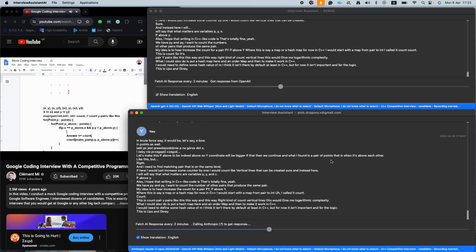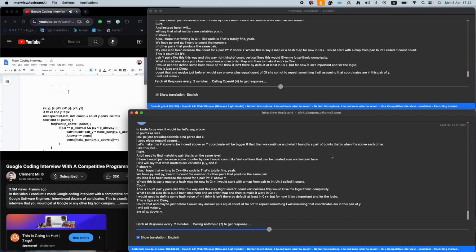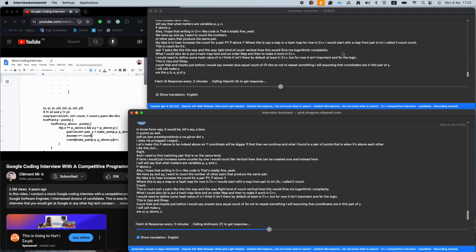So not to repeat something, assuming that coordinates are ints, this pair of y, I will call make pair py, p above y. Let's not make it ugly. And here, increase the answer by count of that, and increase the count of this pair.